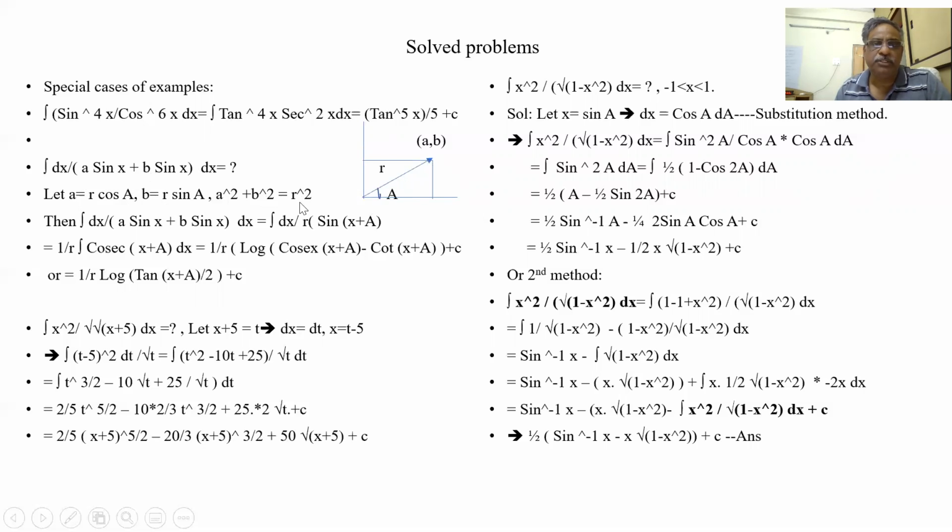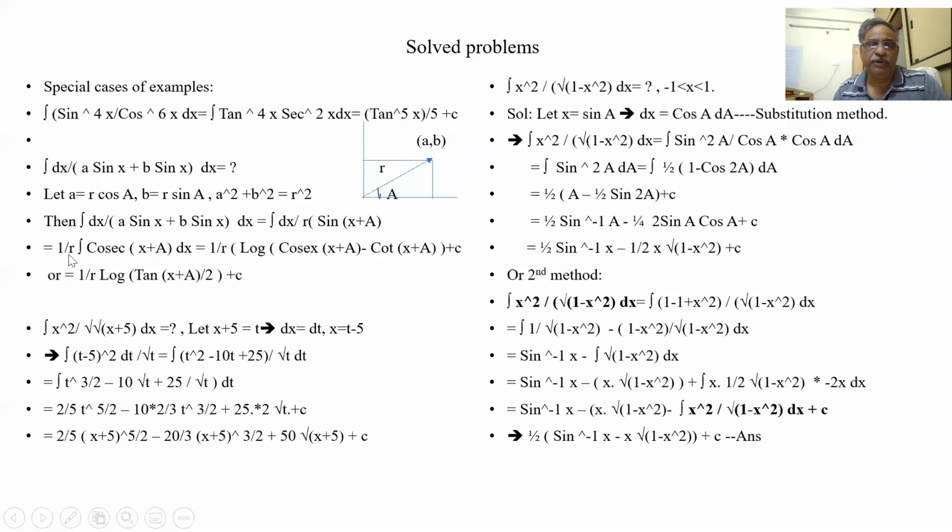So if I use this simplification conversion, then dx by a sin x plus b cos x can be written as dx by r into sin of x plus alpha. Because a is r cos alpha, so sin x cos alpha plus cos x sin alpha is sin of x plus alpha. Dx by r into sin of x plus alpha.